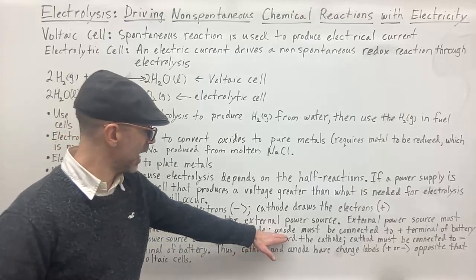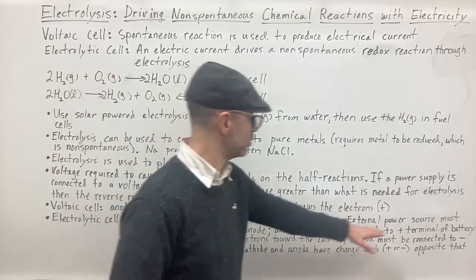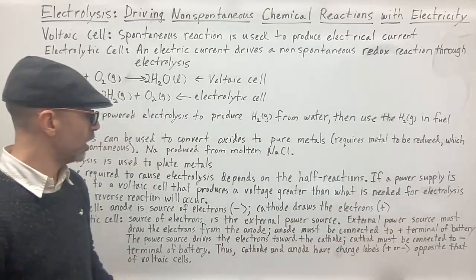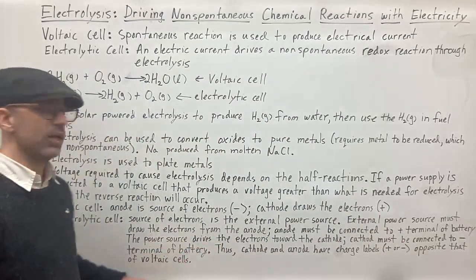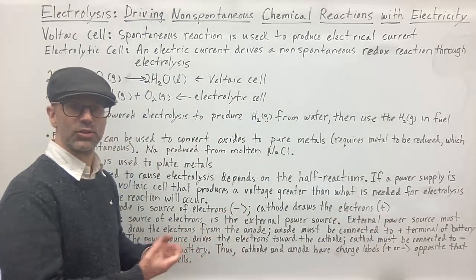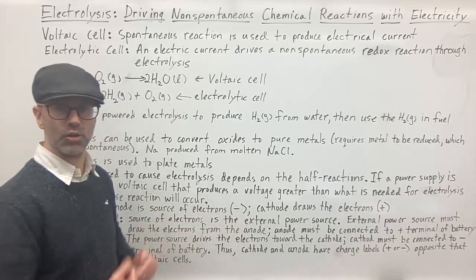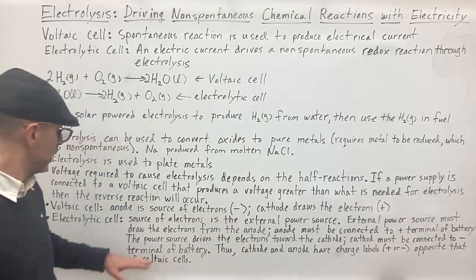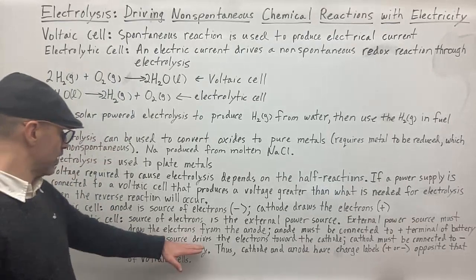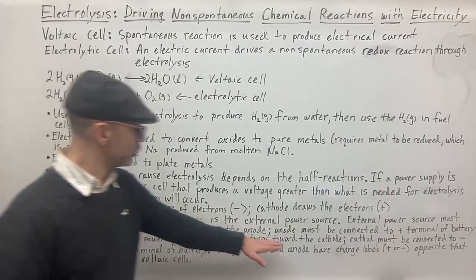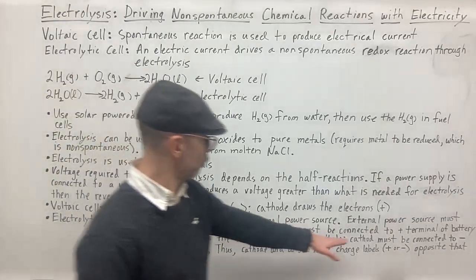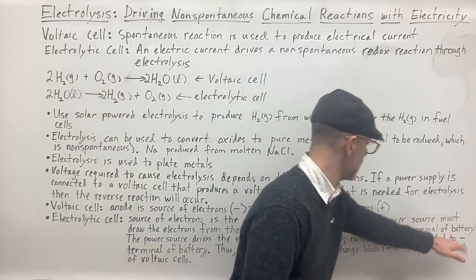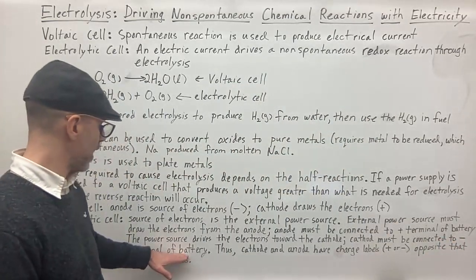So that means the anode is going to need to be connected to the positive terminal of the battery, right? So you've got to have a positive terminal that's going to attract those electrons, draw those electrons from the anode. And so the power source then drives the electrons toward the cathode. And so therefore the cathode has to be connected to the negative terminal of the battery.